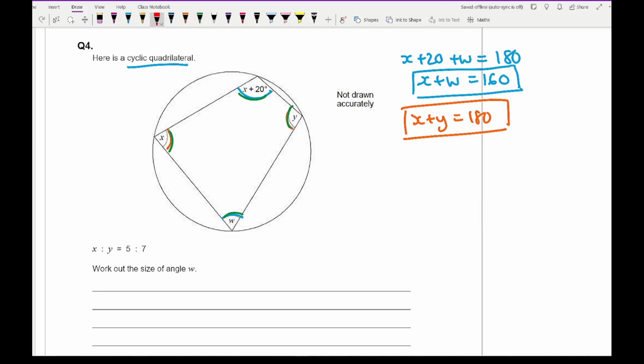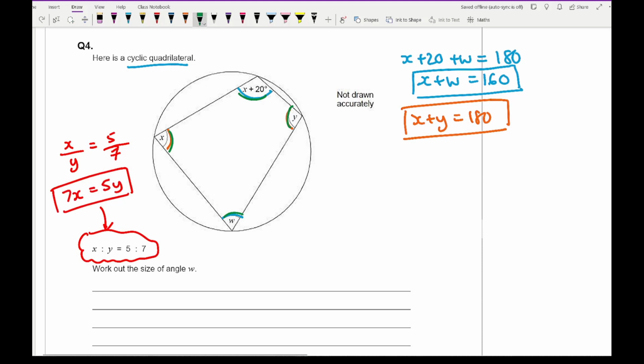Using this ratio, if I convert this into an equation, I end up with x over y equals 5 over 7, and if I then cross multiply, I get 7x equals 5y. Let me just put a little box around that.